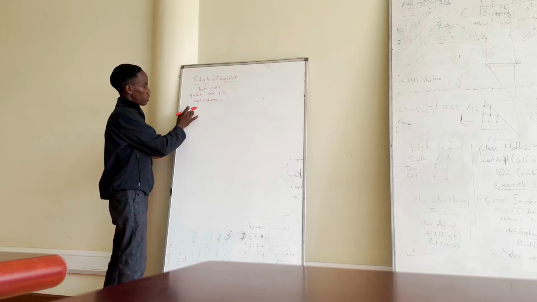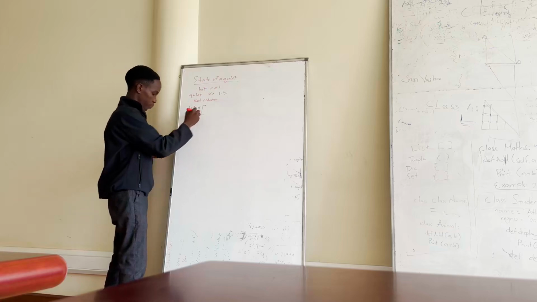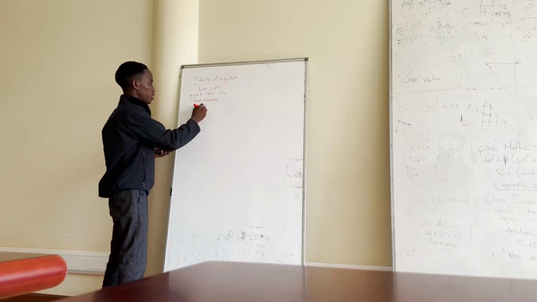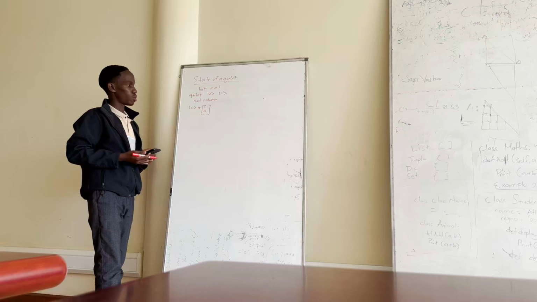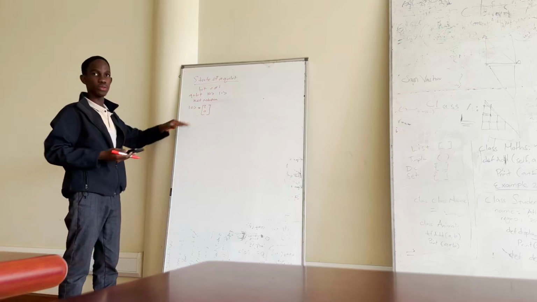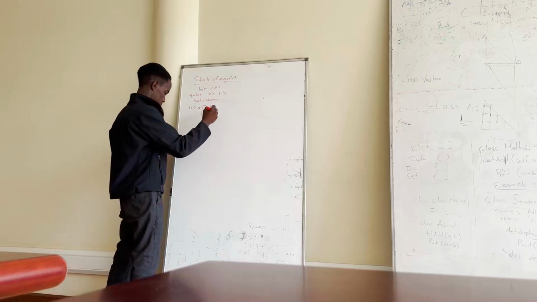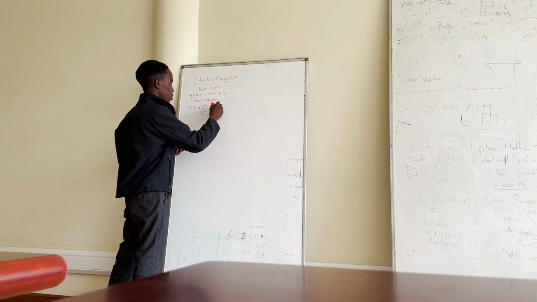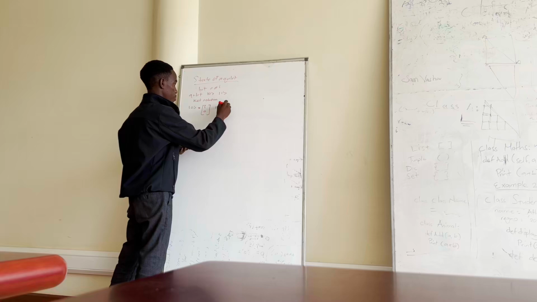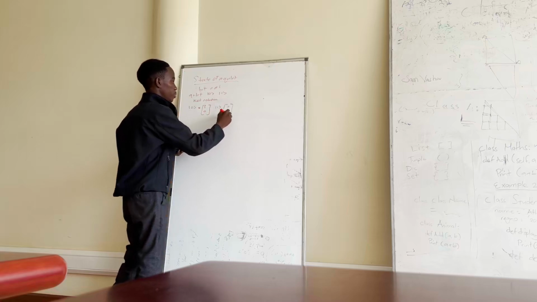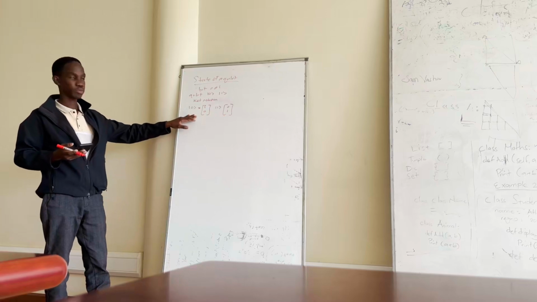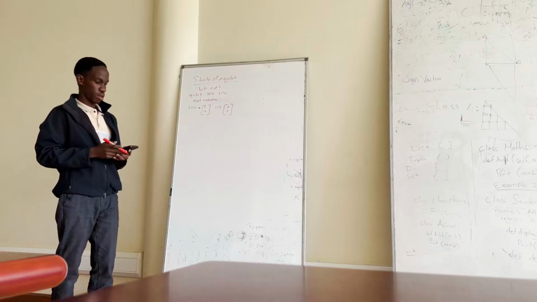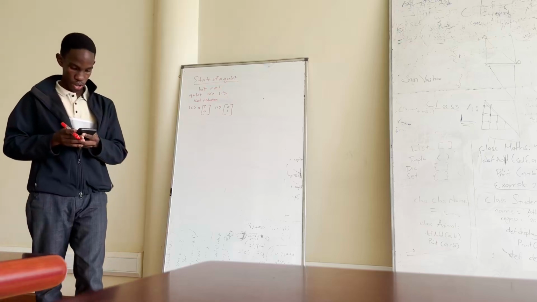When you look at ket 0, this is its representation in vector form.